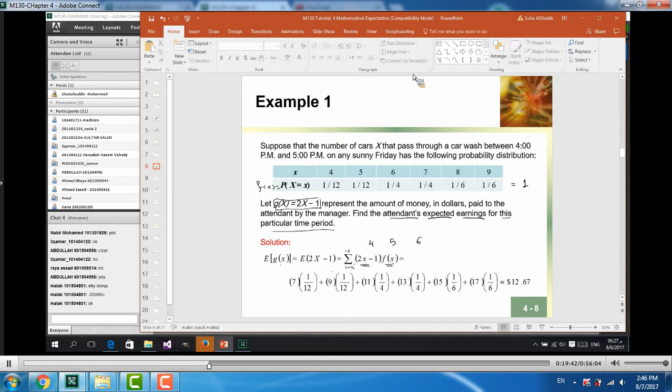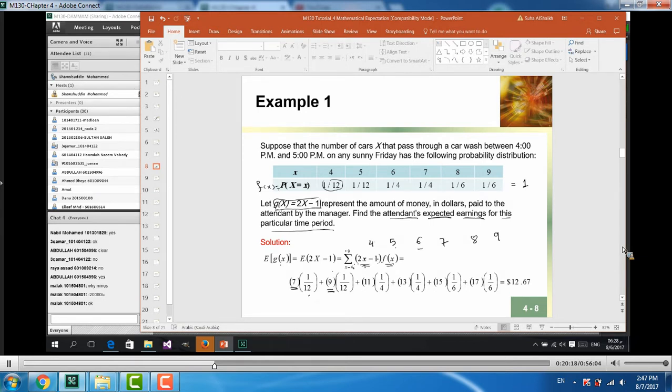So I need to do it for 4, then for 5, for 6, for 7, for 8, and for 9, and add them all. For the 4, it is 2 times 4, 8, minus 1, 7, multiplied by the probability, which is 1 over 12. At the 5, it is 2 times 5, 10, minus 1, 9, multiplied by the probability, 1 over 12.